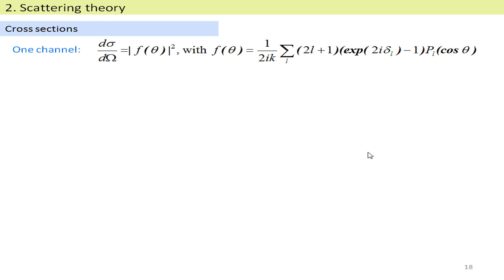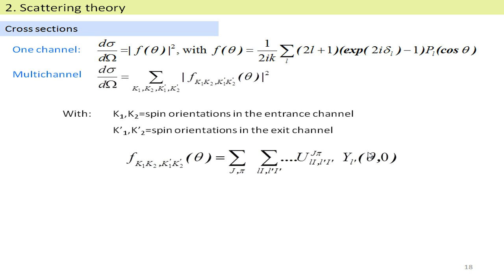And then in a multi-channel calculation, the one-channel cross-section is generalized to a multi-channel definition. So you have additional indices here on the scattering amplitude, and these K1, K2, K'1, K'2 correspond to the spin orientations in the entrance and exit channels. I don't want to enter into details here.